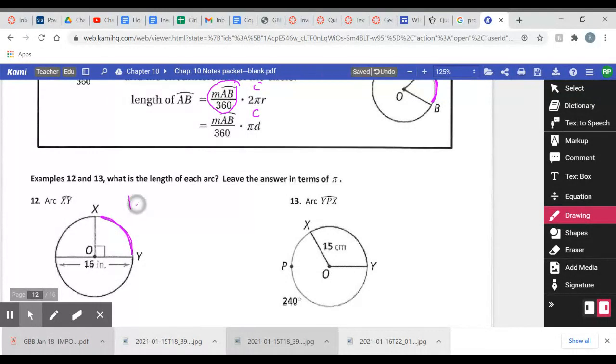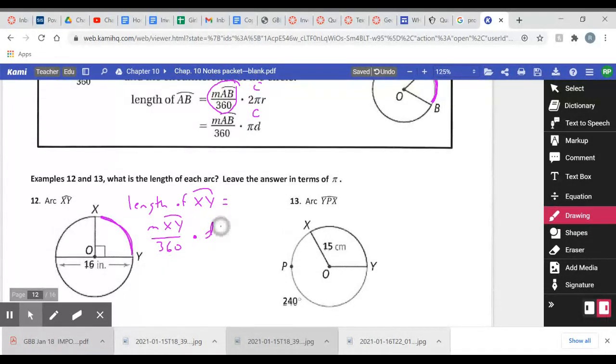So in terms of the length of arc XY, our formula is the measure of XY over 360 times, again, we can think of it as 2 times pi times r, or we can think of it times diameter times pi. So either way works there.